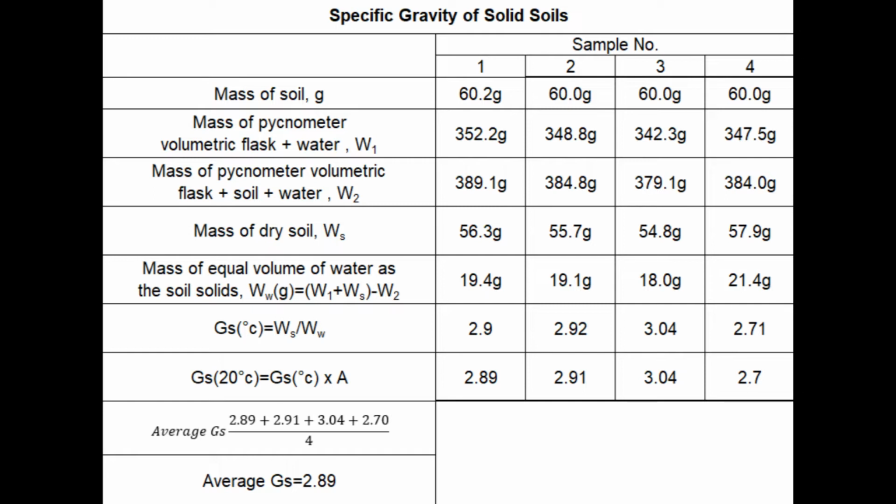Next, we have the mass of equal volume of water as the soil solids. It can be determined by first adding the mass of the pycnometer volumetric flask plus the water to the mass of the dry soil, and then subtracting the mass of the pycnometer volumetric flask plus the soil and plus the water.